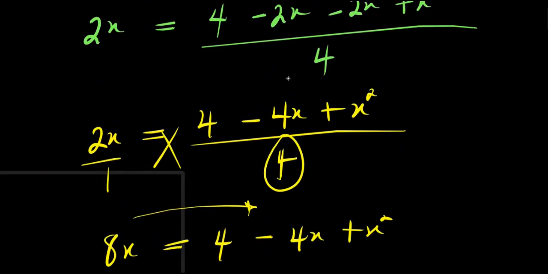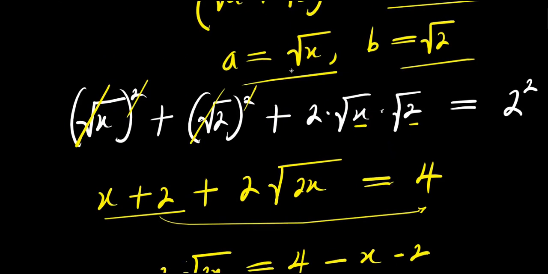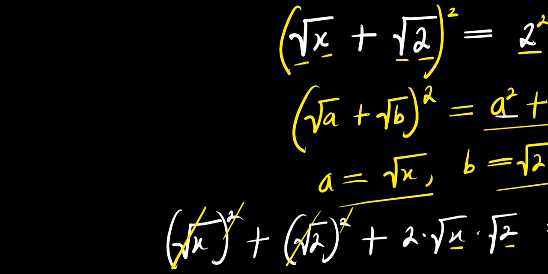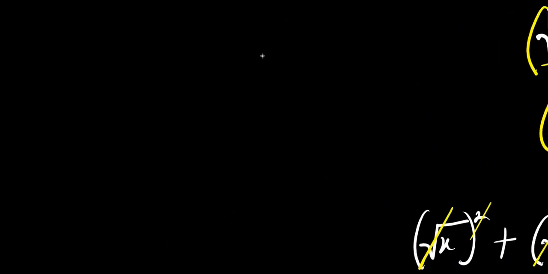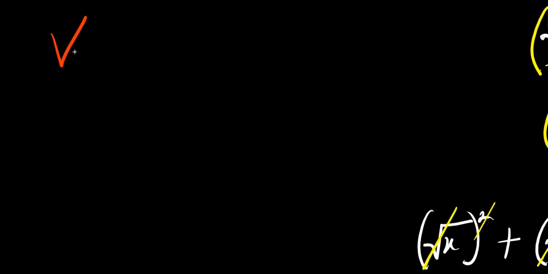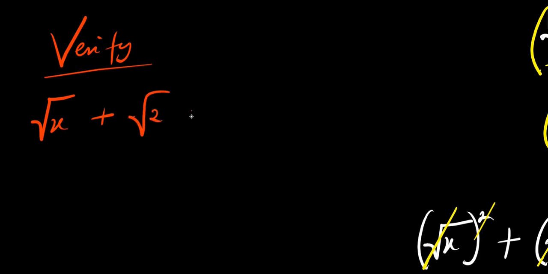So what we are going to do again will be to verify. So let's verify. We have square root of x plus square root of 2 equals 2.